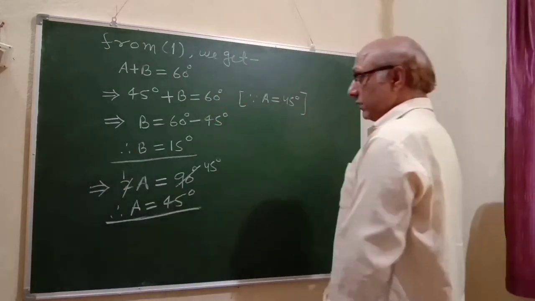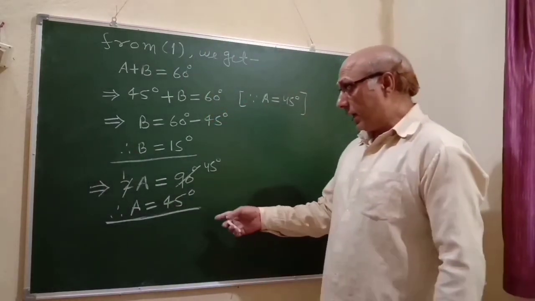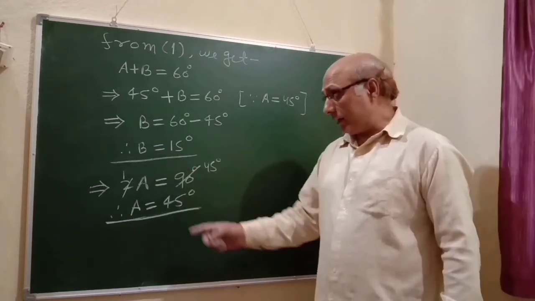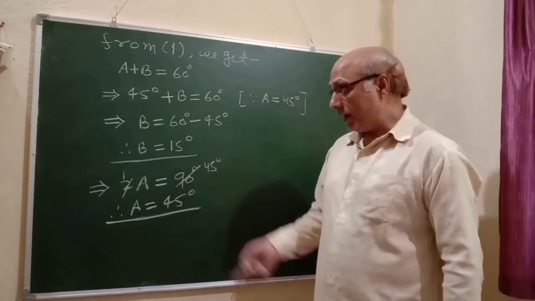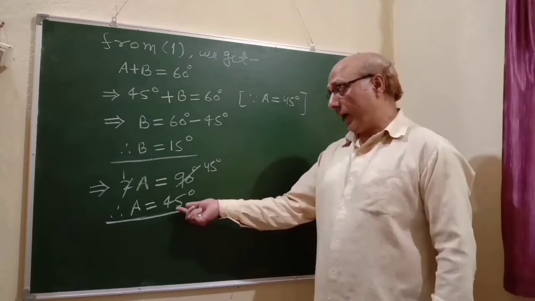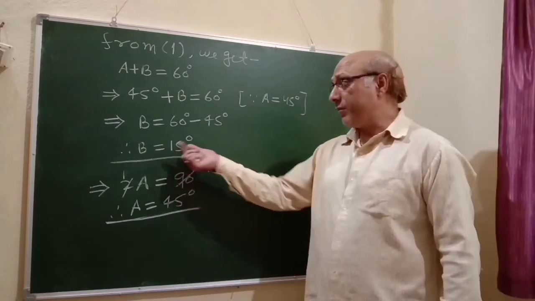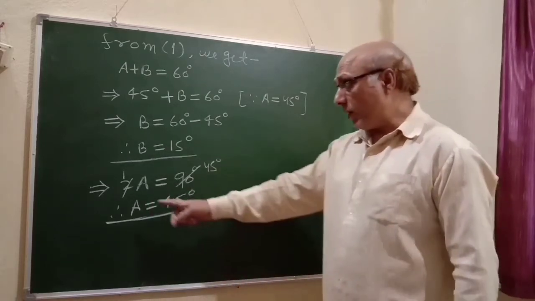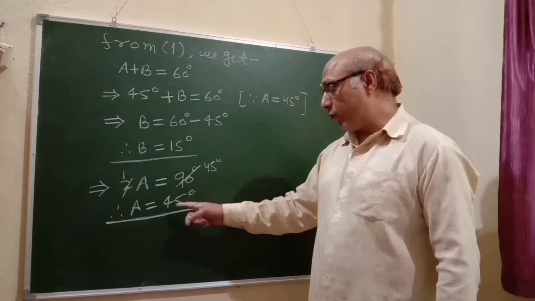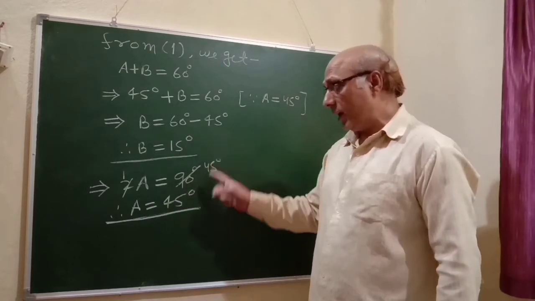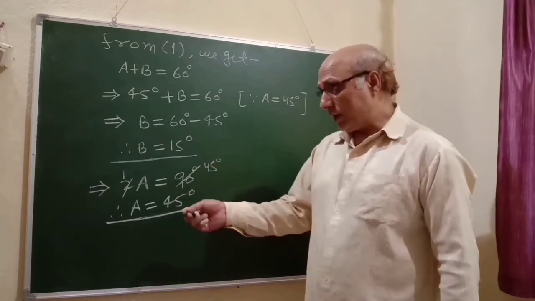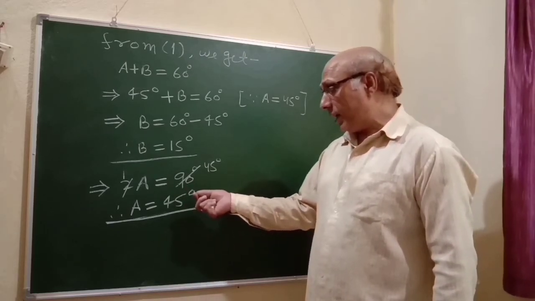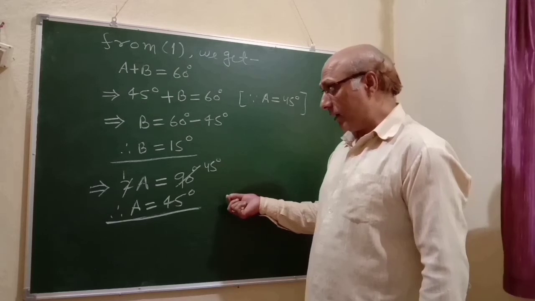Dear students, here the condition is a greater than b. Here a is 45 degree and b is 15 degree. So a is greater than b, and the sum of a and b, that is 45 degree plus 15 degree, equals 60 degree, which lies between 0 degree and 90 degree.